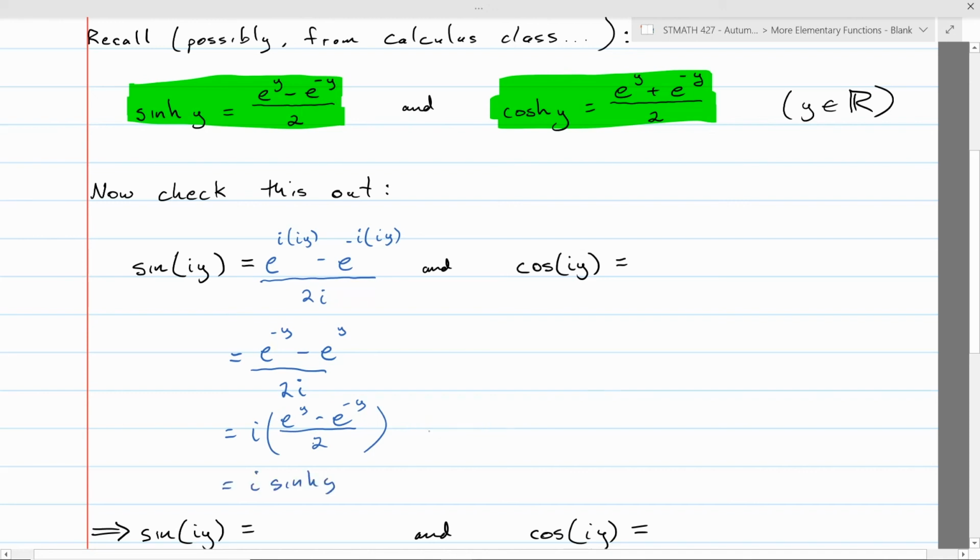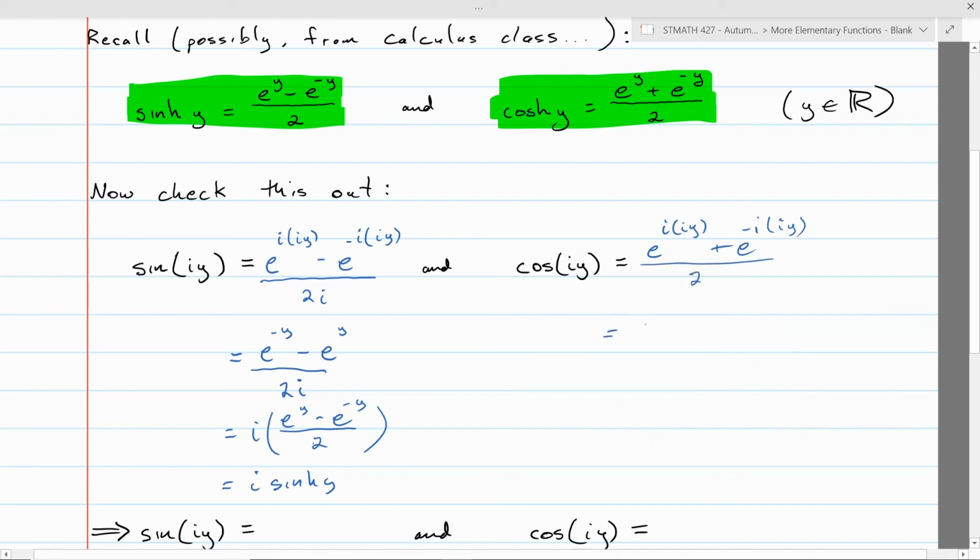And we can do a similar thing with cosine of iy. Remember cosine of z is e to the iz plus e to the negative iz over 2. So we plug iy in place of z here, and you end up with e to the i times iy plus e to the negative i times iy all over 2.